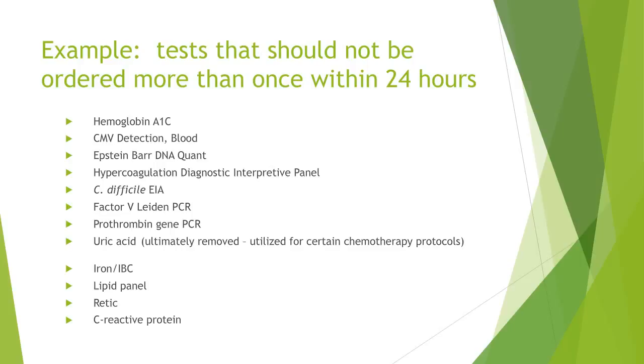So this was a short list of tests that they decided to try as their pilot. Ultimately, they continued with all these tests and ultimately expanded beyond this list, but they ended up taking uric acid off because they found there were certain patients, especially patients with certain chemotherapy, where it was appropriate to do it more than once in 24 hours.